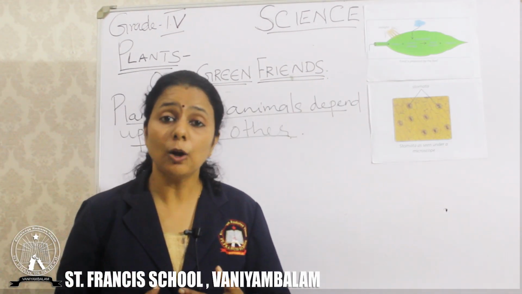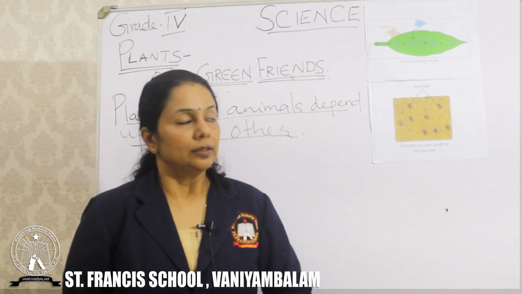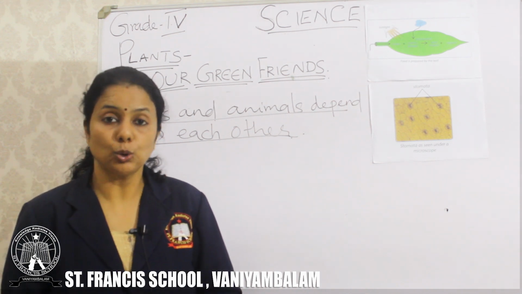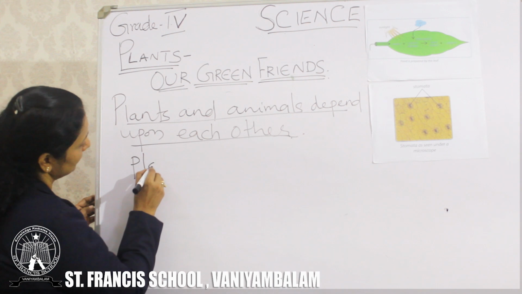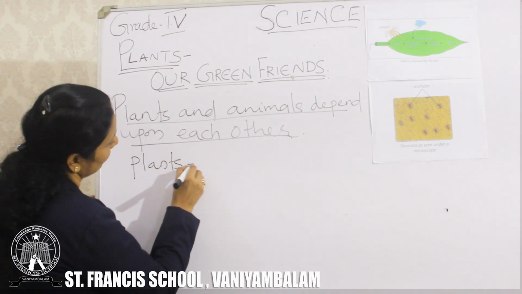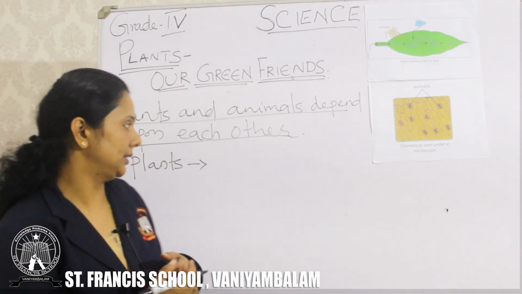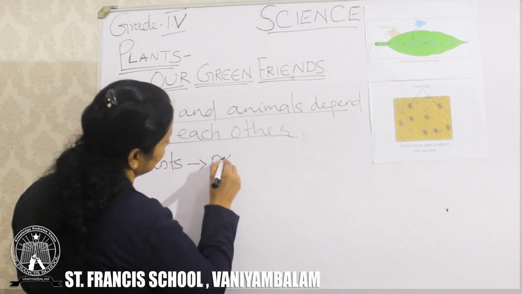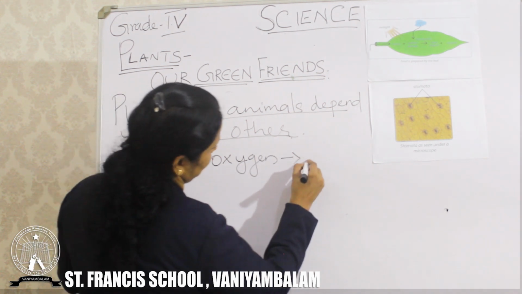Now let us see how plants and animals depend upon each other. As I told you, plants produce oxygen during photosynthesis. Plants release oxygen into the air.